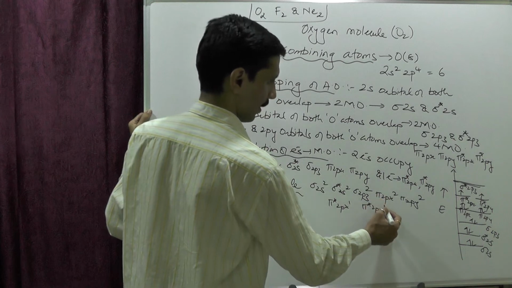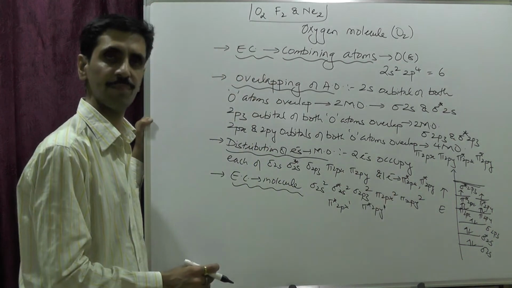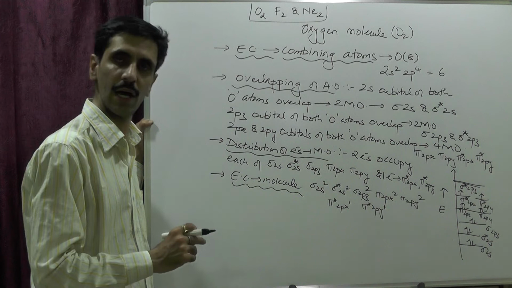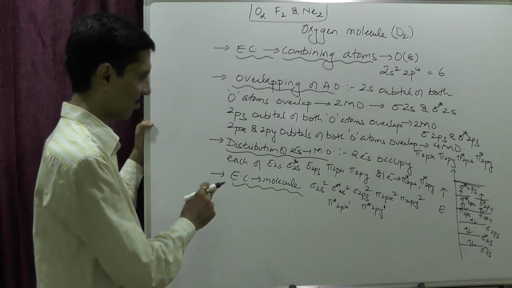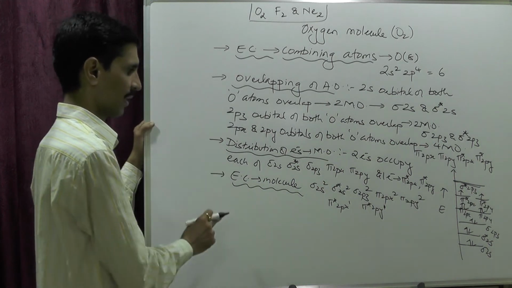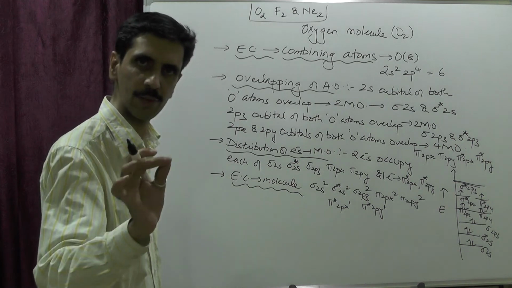So in this way there are going to be 12 electrons, okay, which are going to be arranged in this particular molecule. ठीक है? So this is point number 4, electronic configuration of the molecule.